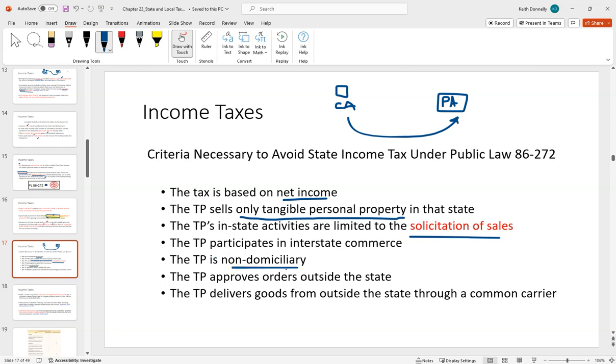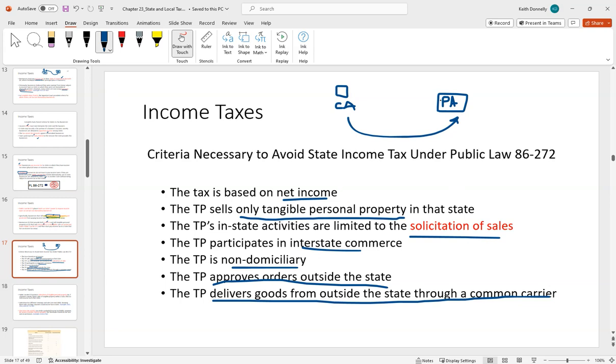You're non-domiciliary, you participate in interstate commerce, you approve the orders outside of the state. So maybe here you are in California, you deliver the goods from outside the state through a common carrier. So we make the sales over here, we ship them into Pennsylvania, of widgets or something.